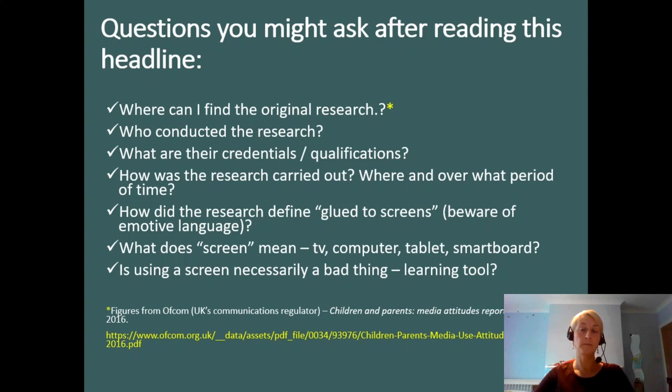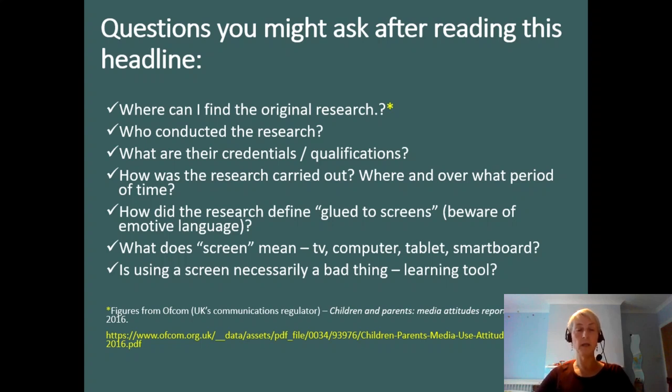So we do have to beware of emotive language, and that's something that will crop up in any of the resources that you're reading from time to time. Just be aware of the type of language that's used, particularly in newspapers.